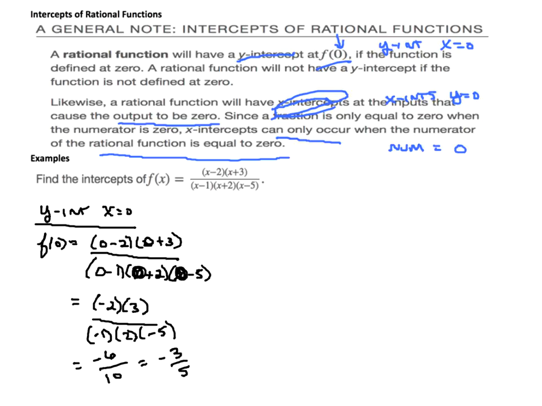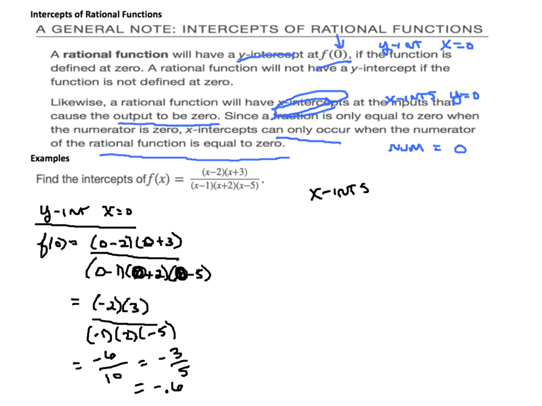Now all I did was divide out a 2 from the numerator and the denominator to simplify that fraction. If you're looking for the decimal, that is -0.6.